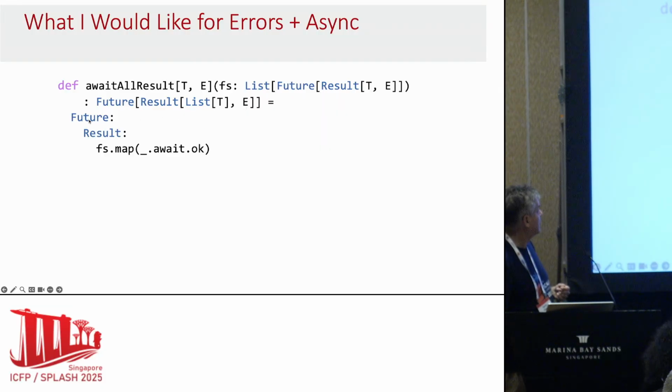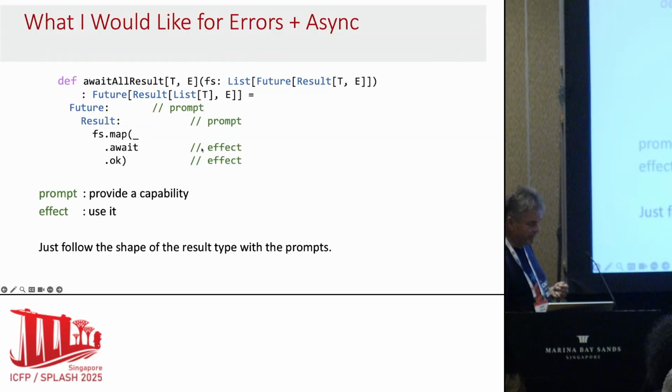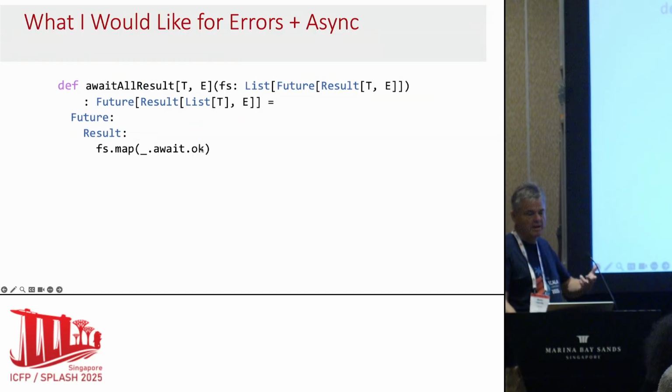Well, it's really like Lego. I say, well, I need a future, so let me do a future colon. And then I need a result, let me do result colon. And then I need to go through the thing that I'm given, that's an fs. Well, it's a list of futures, let's map that. So what we get is a result, so let's map that with await. What we get is a result, let's apply the .OK for that, and we're done.